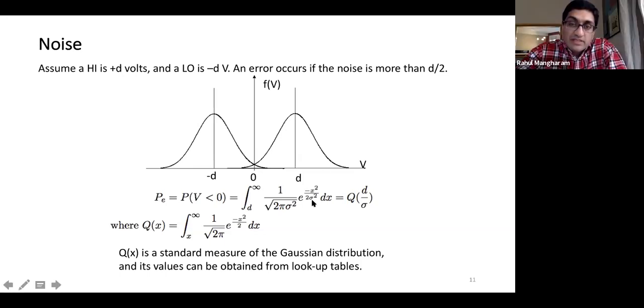So that's basically just saying that, let me just see this fully. It's the probability of error, the probability that whatever I get is less than 0, right?